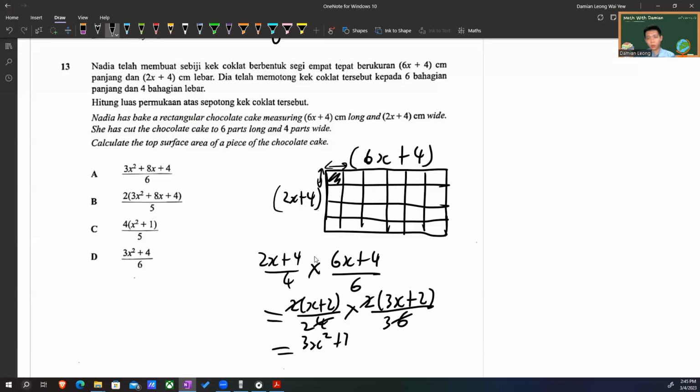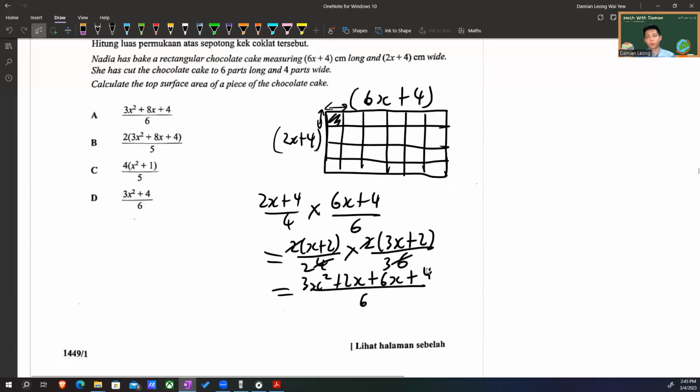X times 2 plus 2x plus 2 times 3x, 6x plus 2 times 2, 4 over 2 times 3, 6. So simplify, that would be 3x squared plus 8x plus 4 over 6. So answer would be A.